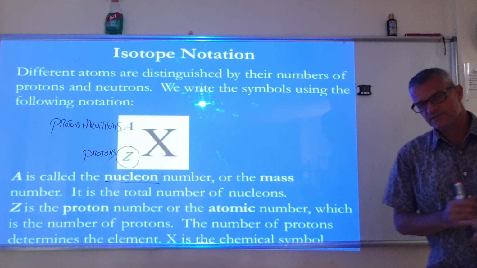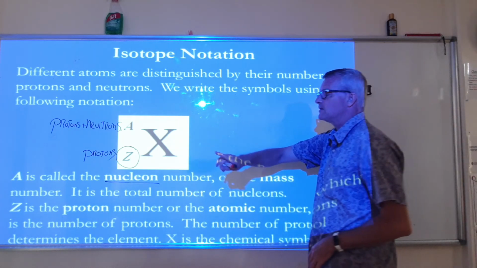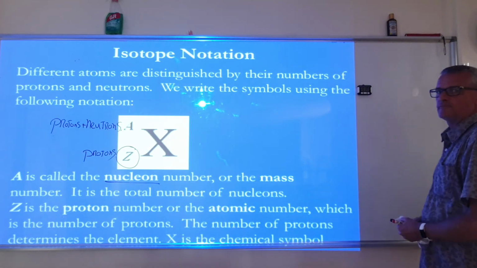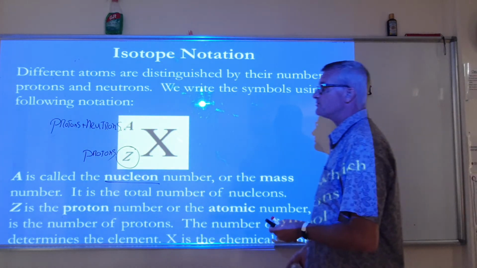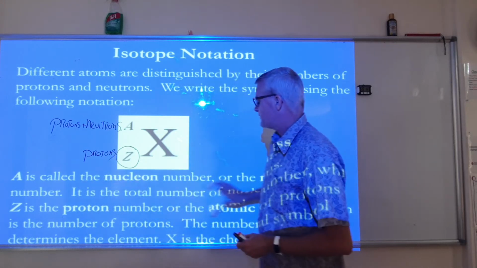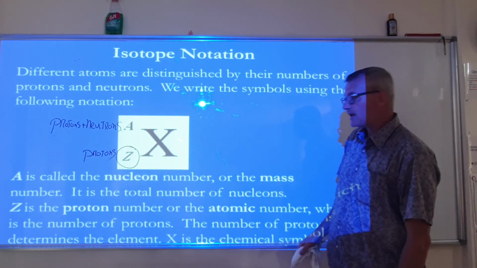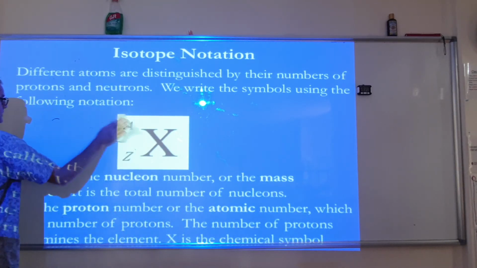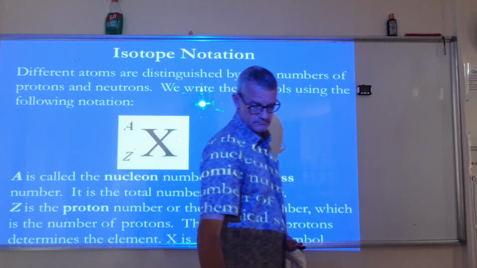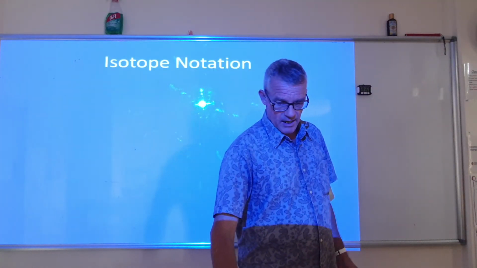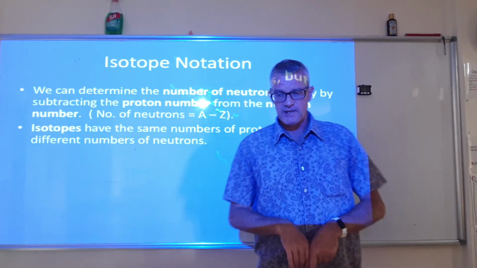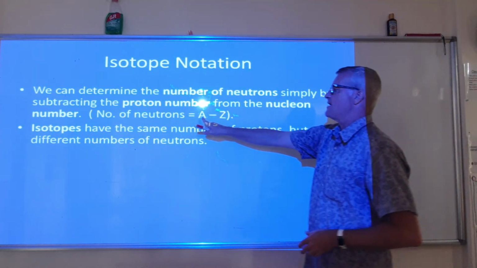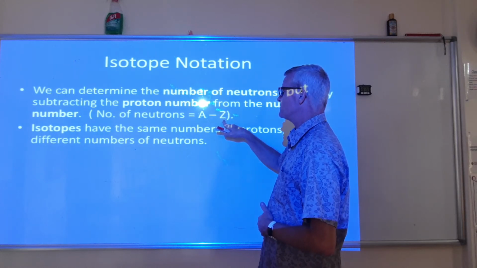Okay? Interesting. What will happen if the proton number is going to change? Well, if we change the proton number, we get a completely different element. As said, in isotope notation, we can calculate the amount of neutrons by doing nucleon number minus proton number.